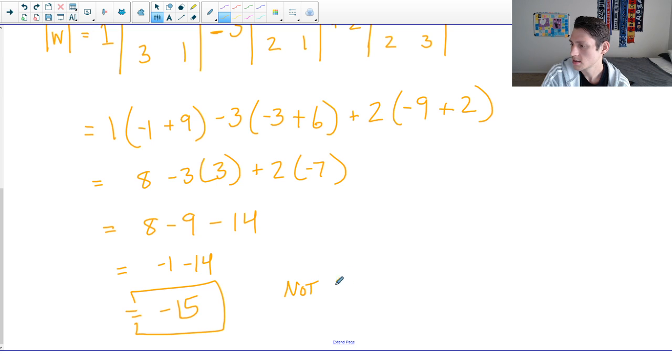So that is not singular. And because we didn't get 0 here, so not singular means that it does have an inverse.